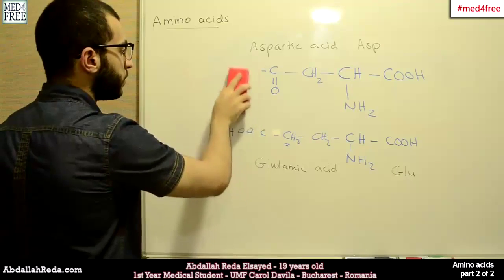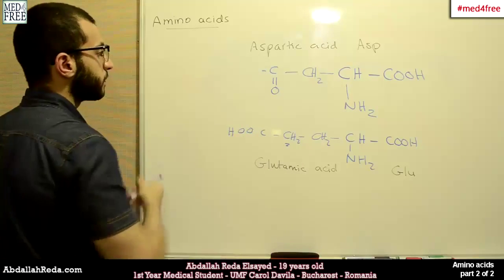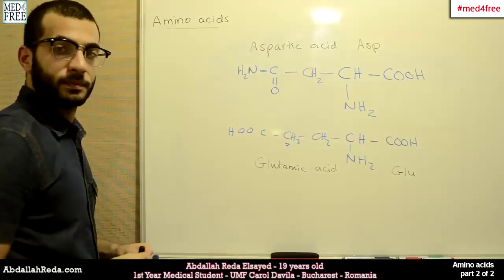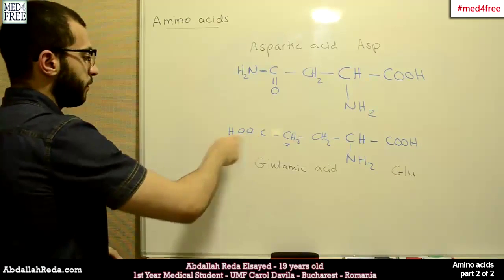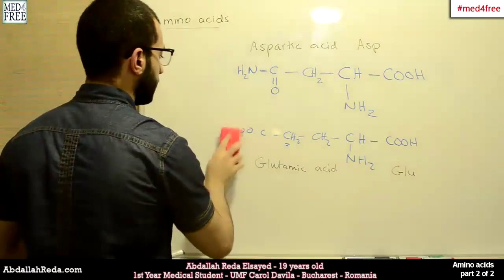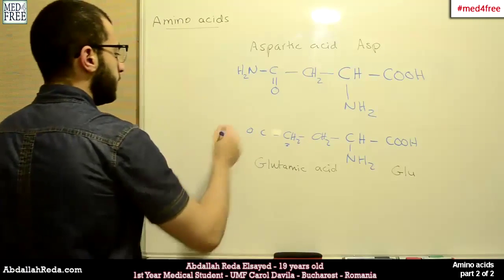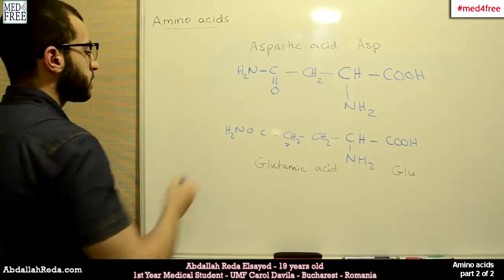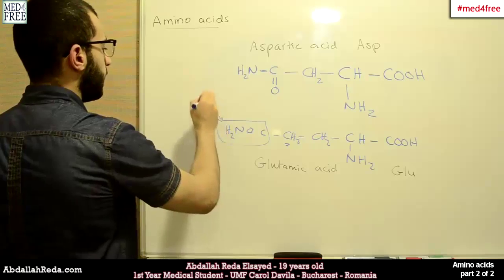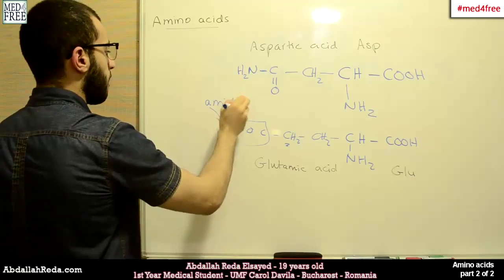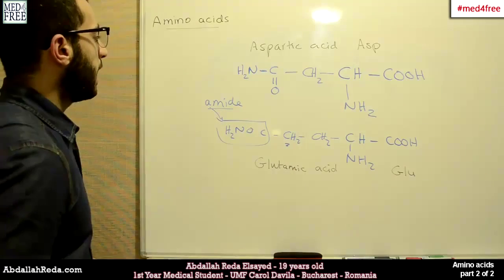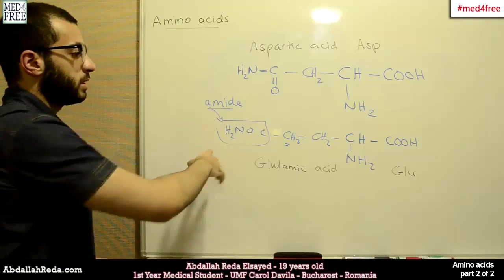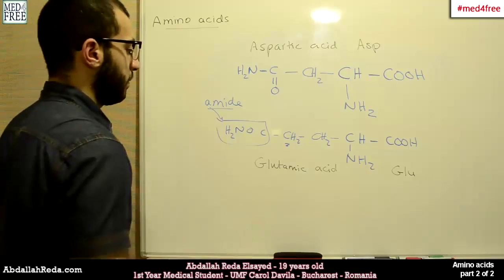This hydroxyl group can be removed and another amino group can be added. So instead of writing it like this, it becomes something like that, CONH2. This group is called an amide group. And this changes the name of the two amino acids and makes another two new amino acids.